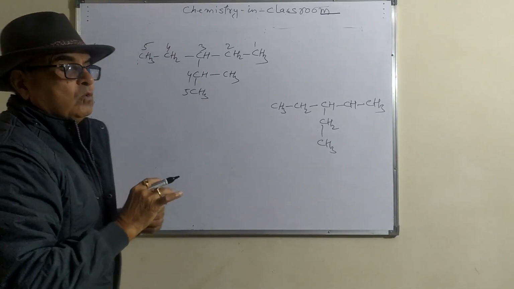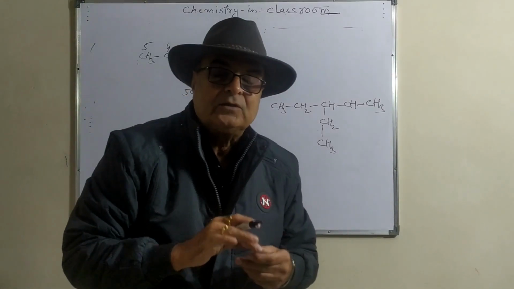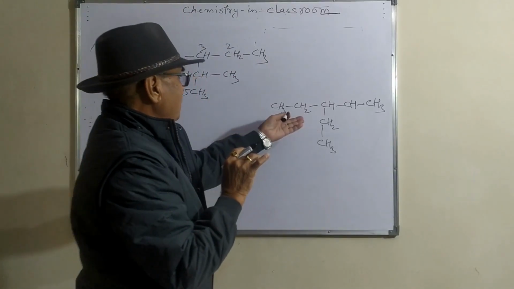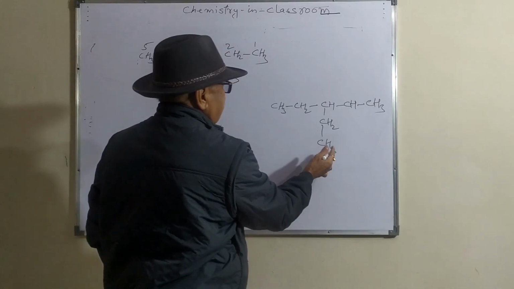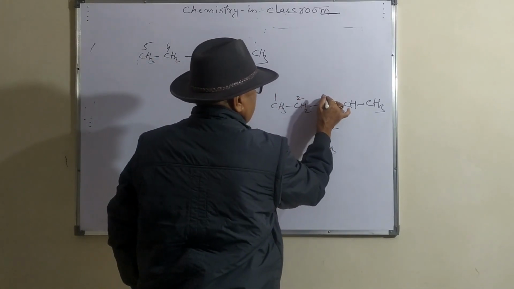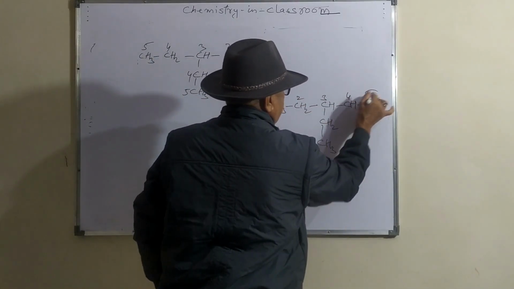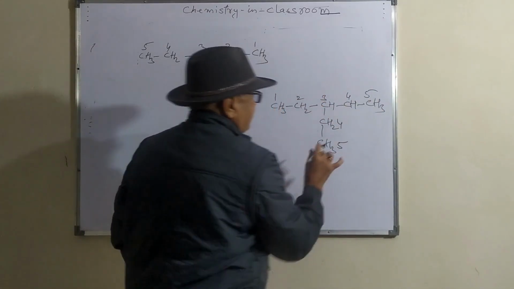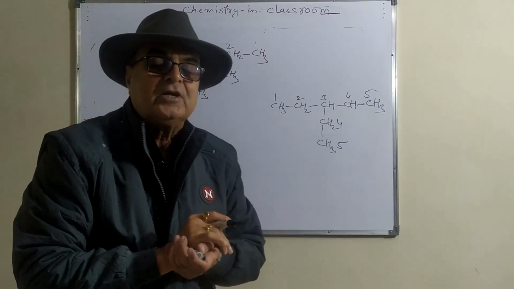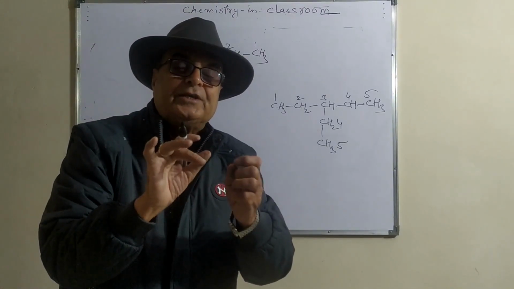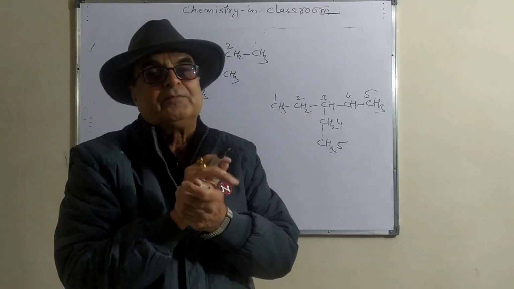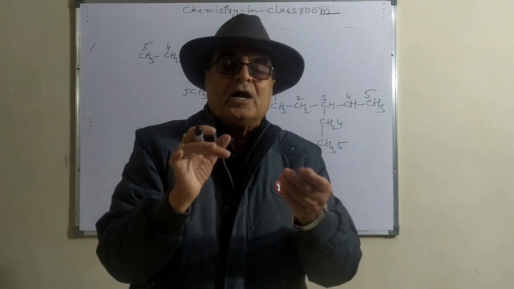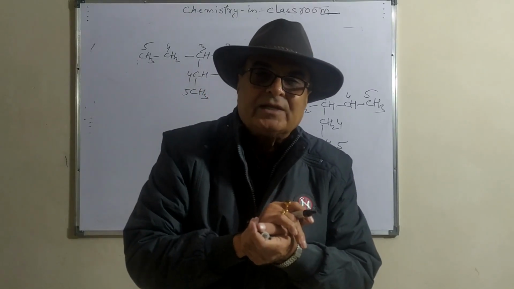You found here two chains having the same number of carbon atoms. In both these structures you will find two chains having the same number of carbon atoms. So now the question arises: which carbon chain are you going to select?